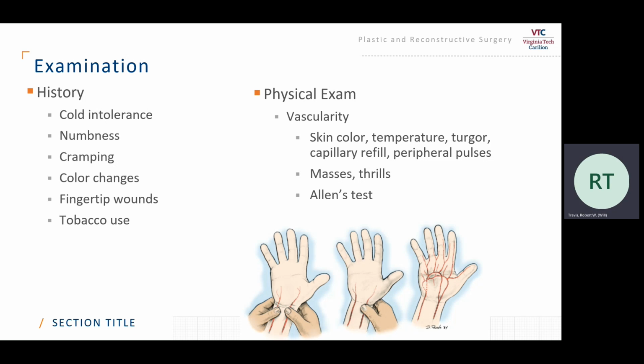You want to perform a thorough hand examination, of course, assessing range of motion, musculature, but paying particular attention to the vascular exam of the hand, looking at skin color, temperature, turgor, capillary refill, and peripheral pulses, either with palpation or Doppler. You want to palpate for any masses or thrills, and you should perform an Allen's test in these patients as well. You can also assess for any splinter hemorrhages, fingernail changes, or digital ulcers that may be a sign of more chronic etiology.